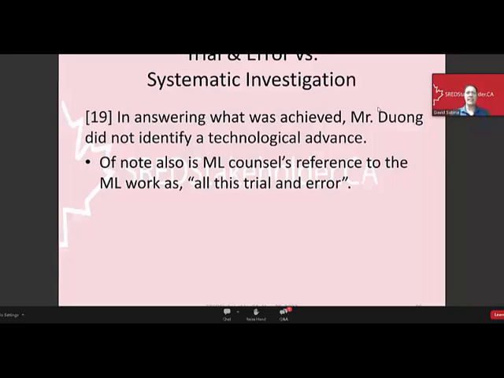So as we said, that's the antithesis of what's required, which is systematic investigation, which involves extremely accurate measurements. And when something fails, you try to understand why to revise your hypothesis for the next trial. Okay, you're not randomly trying things, you're systematically trying things to build on your knowledge every single step of that process. Okay, so do not use the words trial and error in your project unless you're on the CRA side trying to argue why it's not eligible. Okay, so this word should never appear in an eligible project.